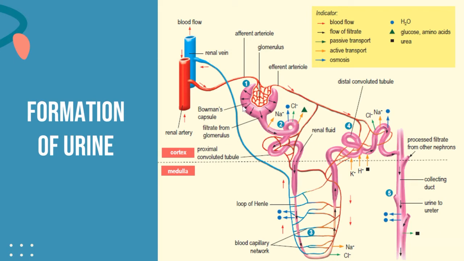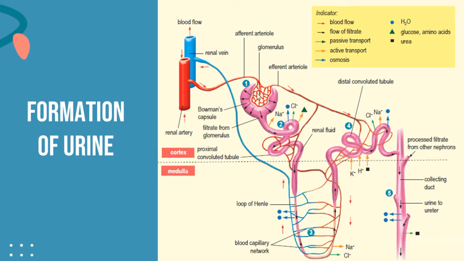Let's take a look again at the structure of the nephron, where the formation of urine occurs. The structure of the nephron starts from the renal artery. By the renal artery, the oxygenated blood enters the afferent arteriole and is connected to the glomerulus.